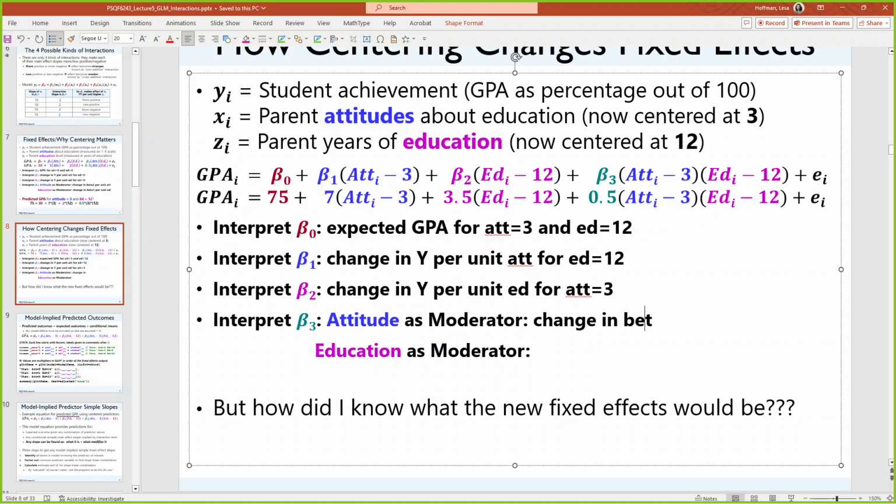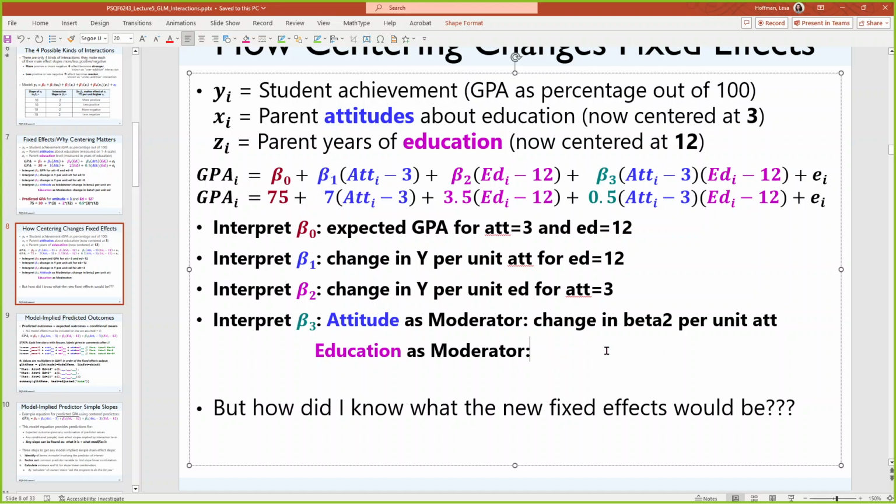Change in beta 2. Exactly. That is what the interaction term is doing. Per unit what? The change in the slope of attitude or education per unit attitude. Yep. It's the other one.